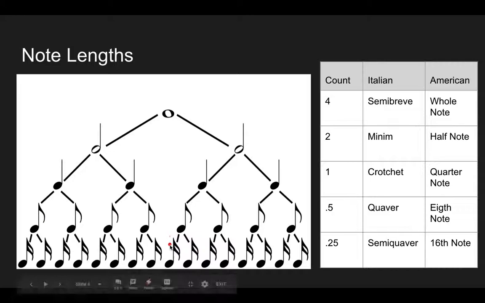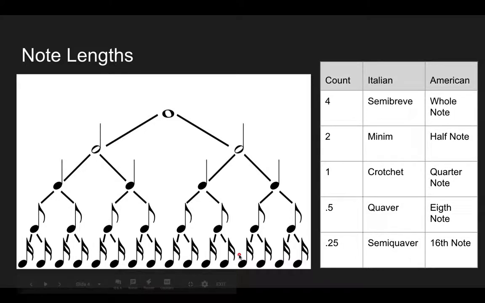Then we have semiquavers, or 16th notes: 16 of these fit inside a semibreve, 8 in a minim, 4 in a crotchet, or 2 in a quaver. So it's all about maths and making notes shorter or bigger. That's why the American names are quite helpful: whole note, half note, quarter note, 8th note, and 16th note.